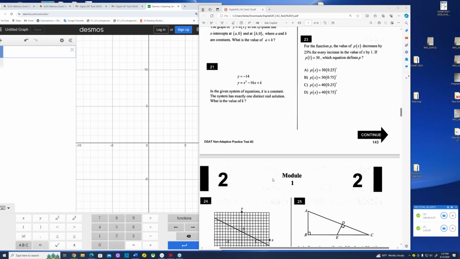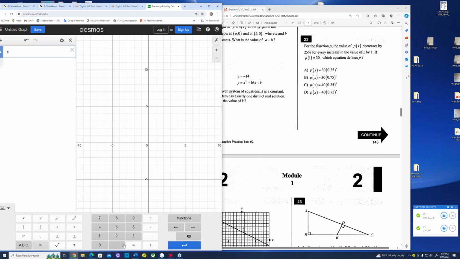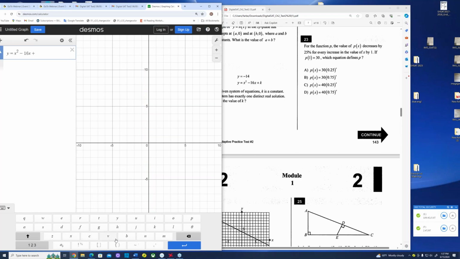Okay, number 21. What is it? Let's solve it. y equals x squared minus 16x plus k.